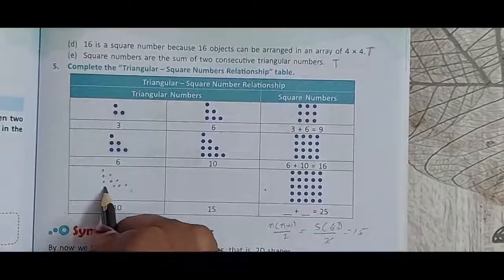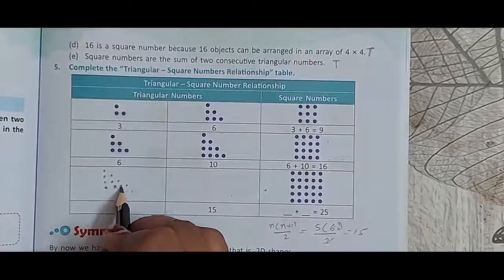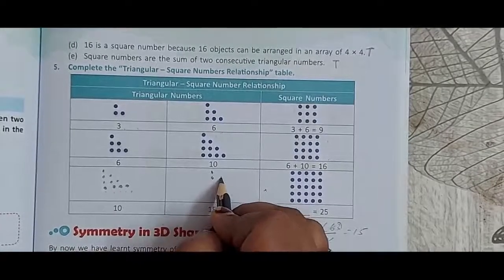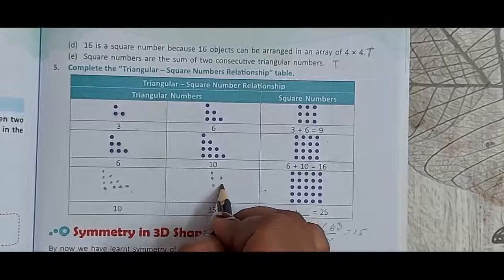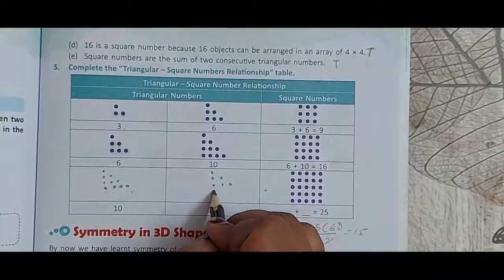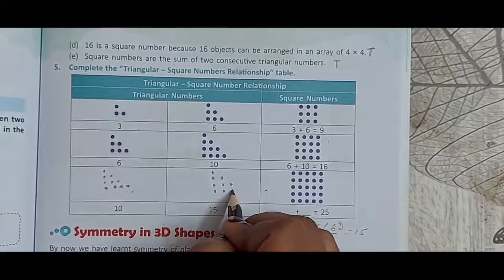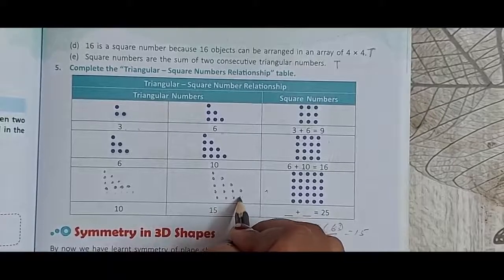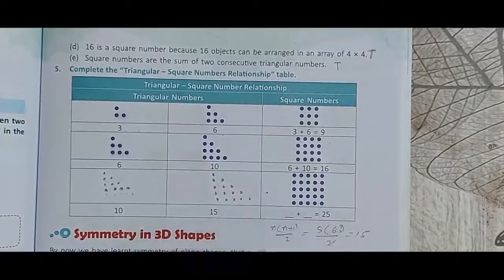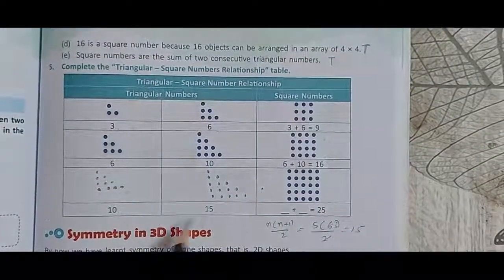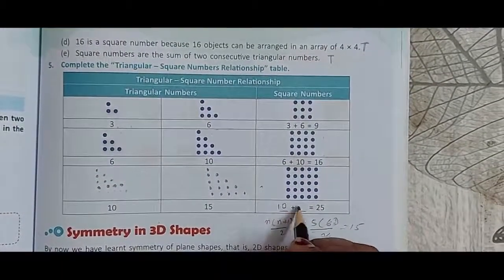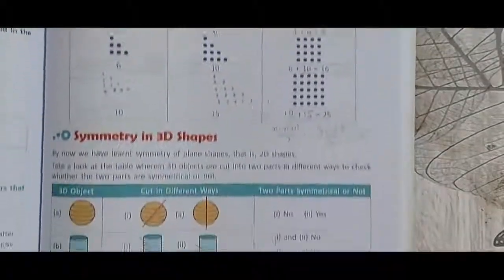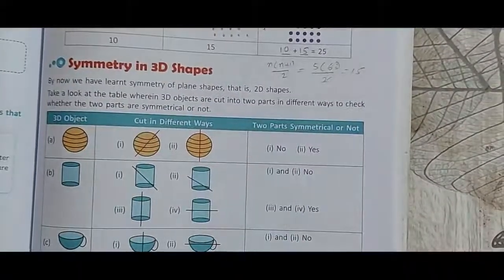Here you have to keep only up till 10. Here you have to make 15, the next one. So you have 10 plus 15, that's equal to 25.